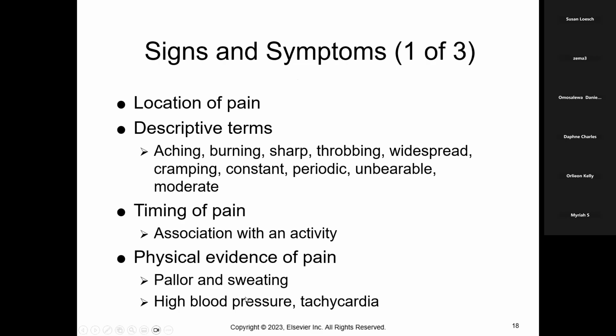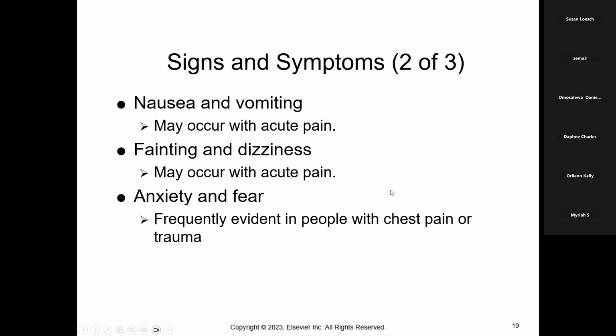Not a lot of times when they have chronic pain, the body sort of becomes used to it. All right, physical evidence is pallor, sweating, high blood pressure, tachycardia. They can also have nausea, vomiting with acute pain, fainting, and dizziness, anxiety or fear, especially people that have like cardiac pain, chest pain. Clenched fists, rigid.